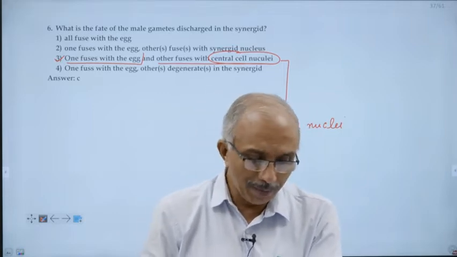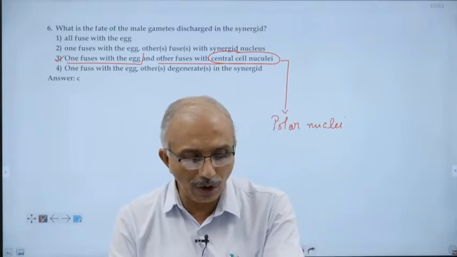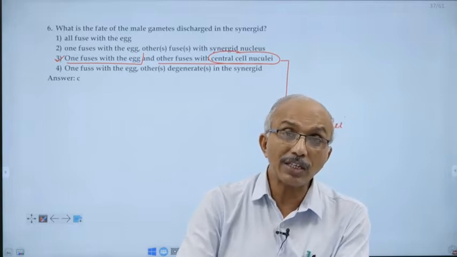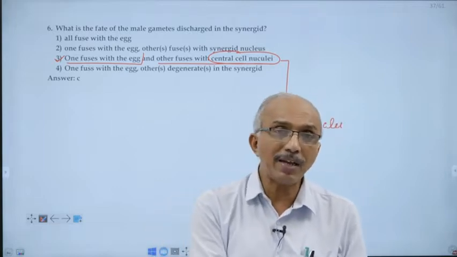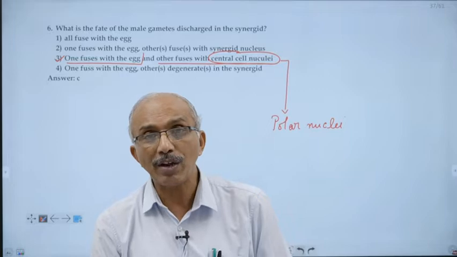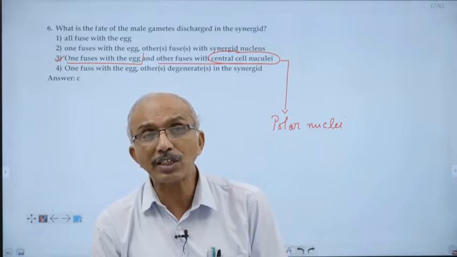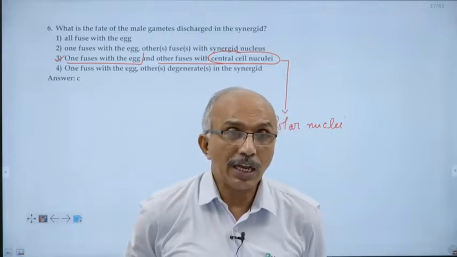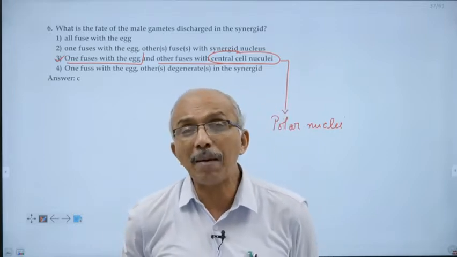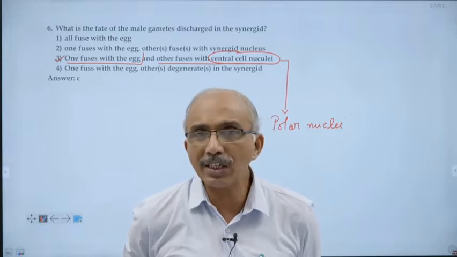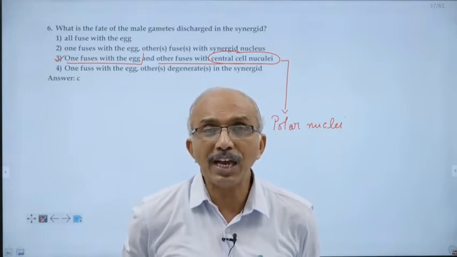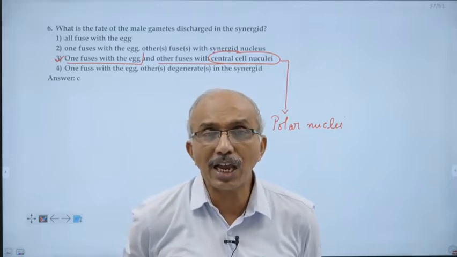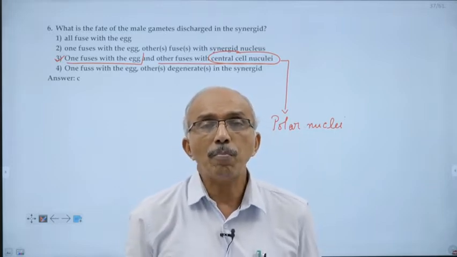In angiosperm, the fertilization is called double fertilization. One is syngamy, the other is triple fusion. What refers to double fertilization? Involvement of 2 male gametes in fertilization. One in syngamy, fusion with the egg, one in triple fusion, fusion with central cell nuclei or polar nuclei.